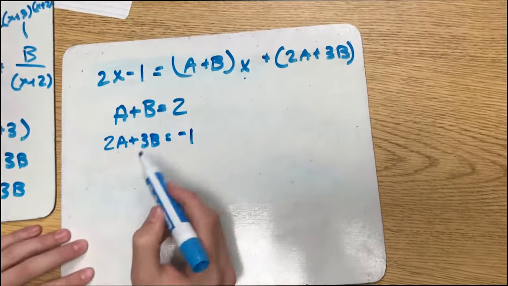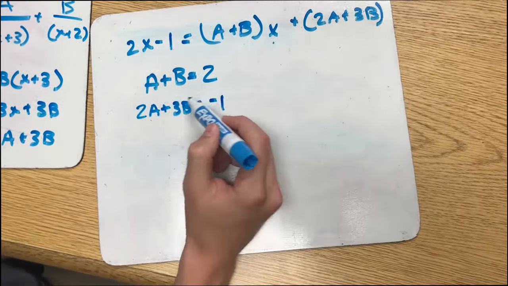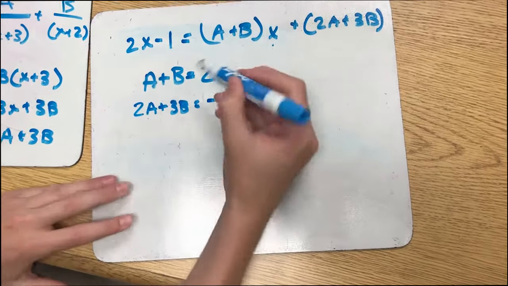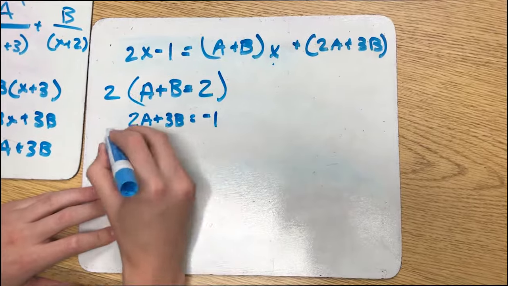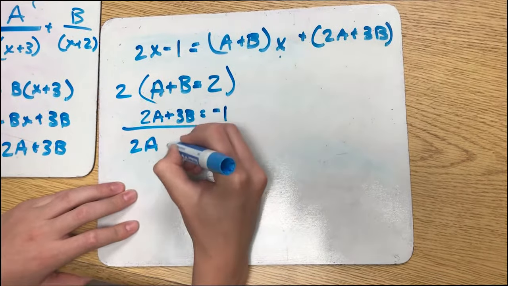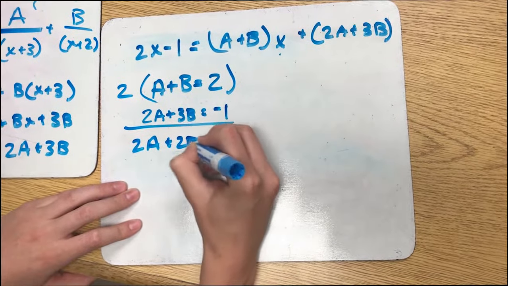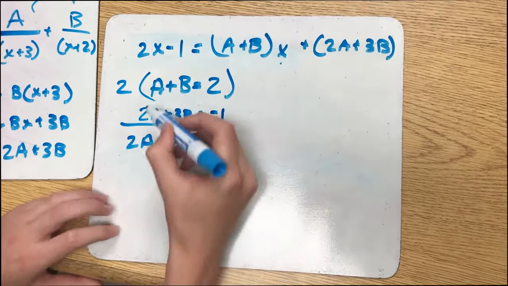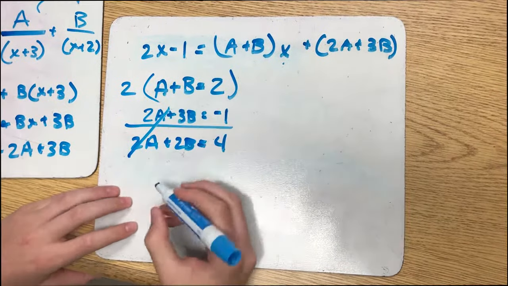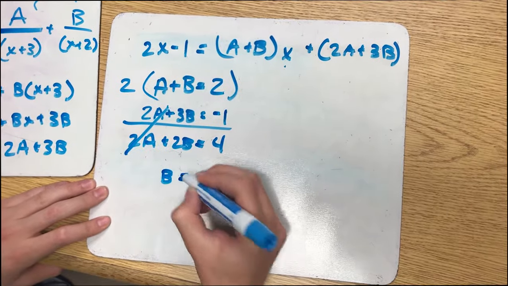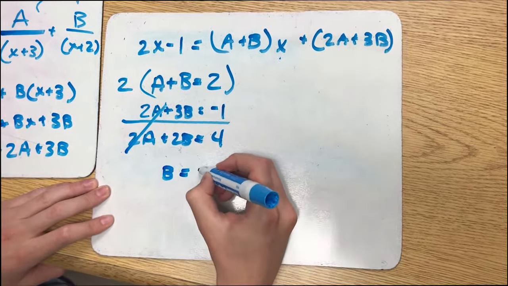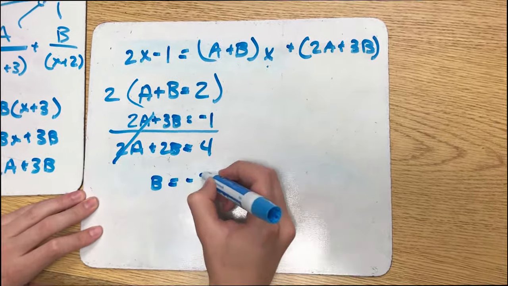And now, since we have these, we want to use elimination, so I'm going to multiply the top one by 2 in order to get 2A plus 2B equals 4. And then we subtract these, and the A's cancel out, and then the B's, you get B equals negative 5.